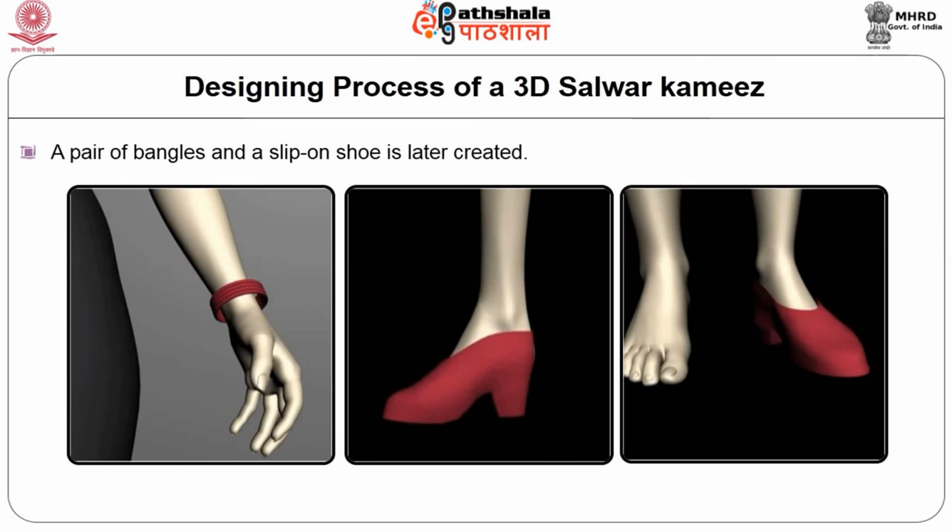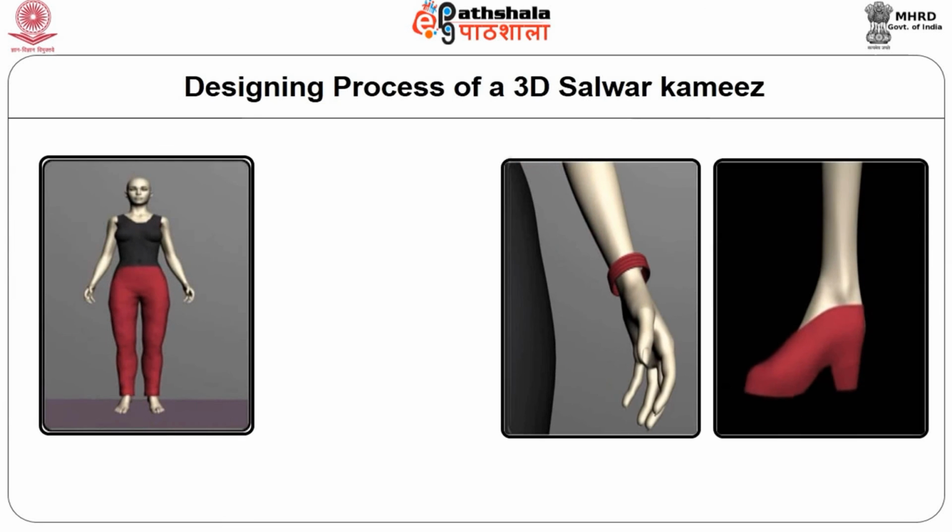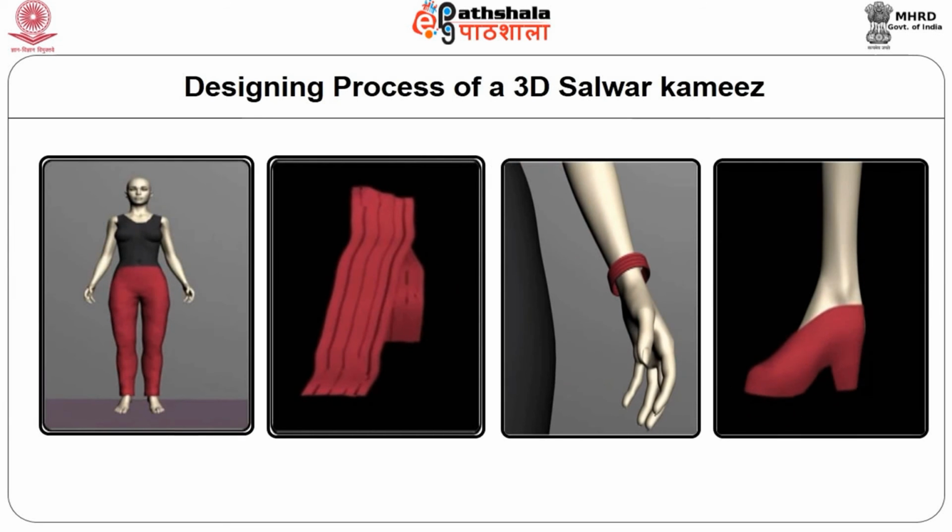The Salwar, Kameez and Dupatta are now modified into a mesh smooth where the polygon and the edges are smoothened. Smoothening creates an illusion of roundness by assigning smoothing groups at the face and element or object level.